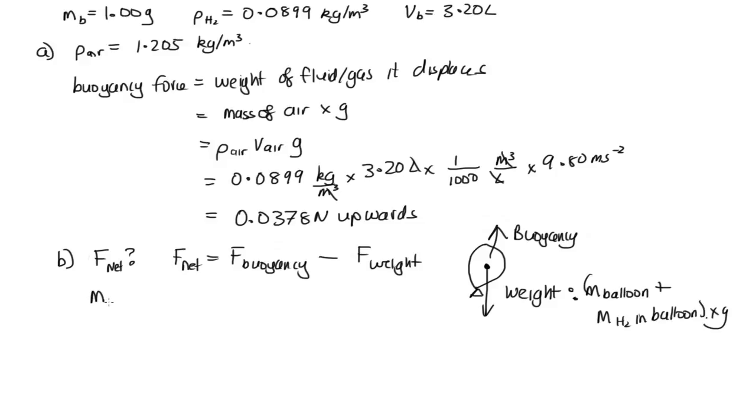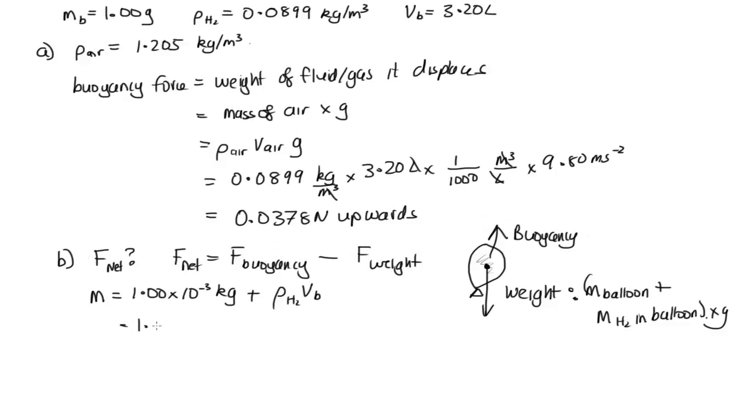To do that we're going to need to know the total mass of the balloon. So we've got the 1 gram, let's do it in kilograms, so that's 1 times 10 to the minus 3 kilograms. But then we've also got the hydrogen gas inside the balloon. So the mass of hydrogen is going to be the density of the hydrogen times the volume of the balloon.